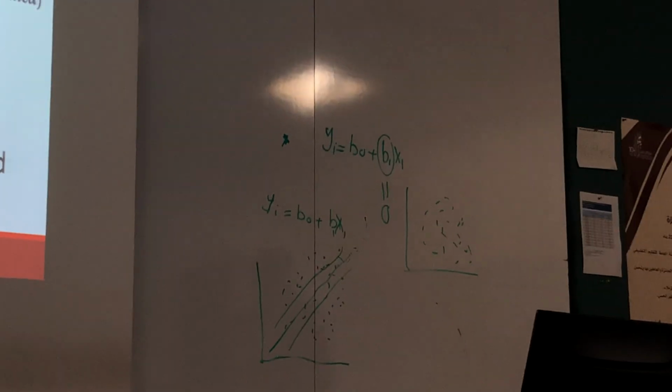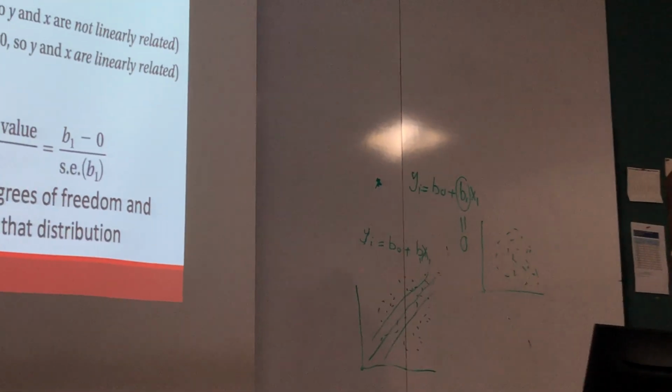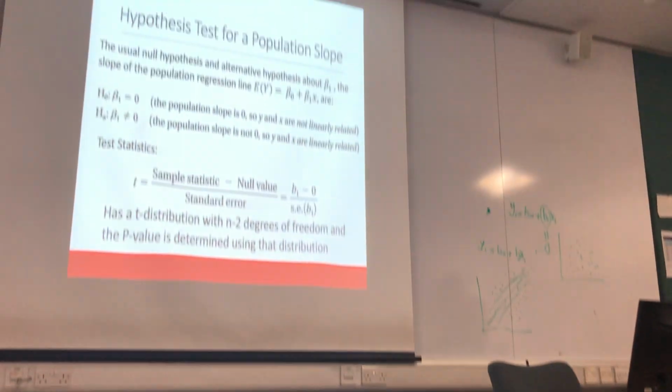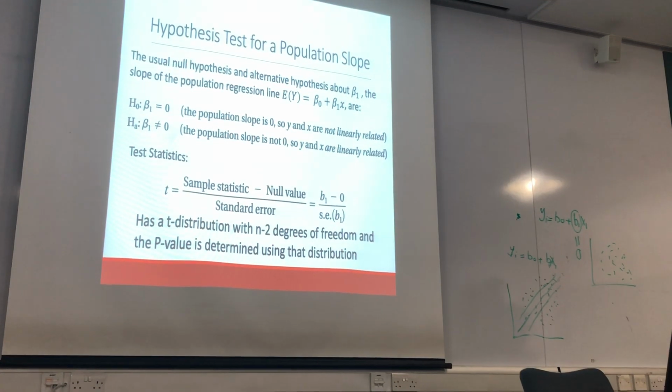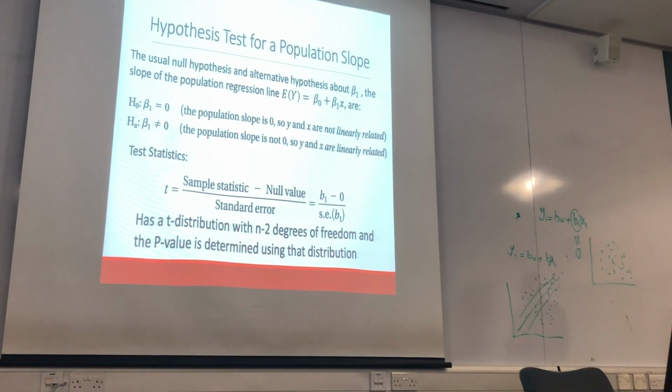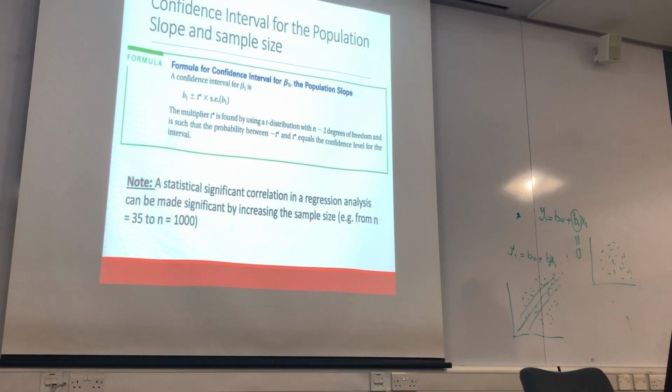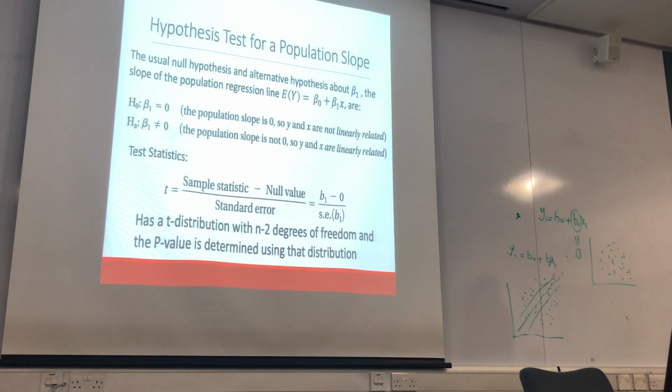Of course, here it's a T statistic. Okay, I usually don't ask you about T statistics or these calculations, but it has a T distribution with n minus 2 degrees of freedom, and the b value is defined using that distribution. Of course, each regression coefficient, each beta, has a confidence interval.